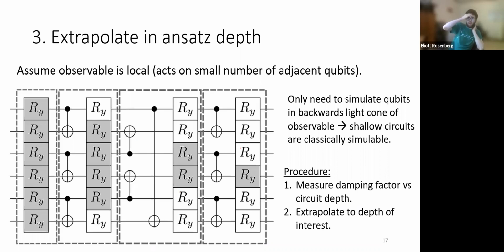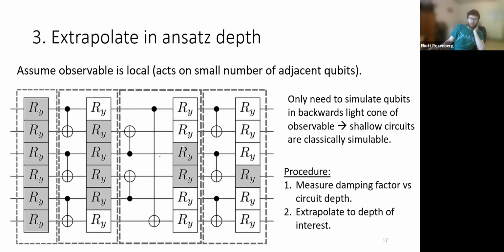And then here's method 3, which is the one that we proposed. So suppose that the thing that you're measuring is a local observable, meaning that it acts on a small number of qubits that are adjacent to each other.